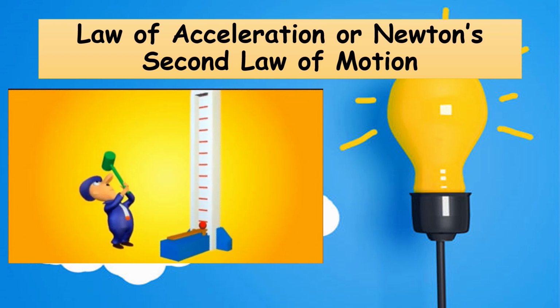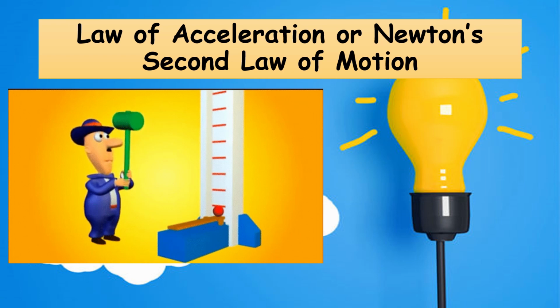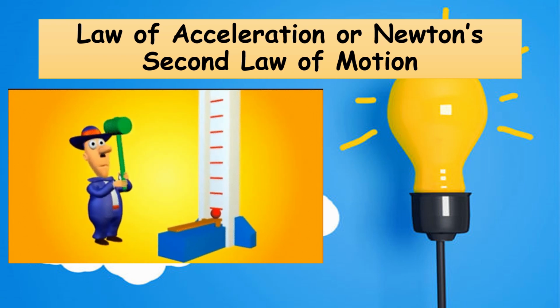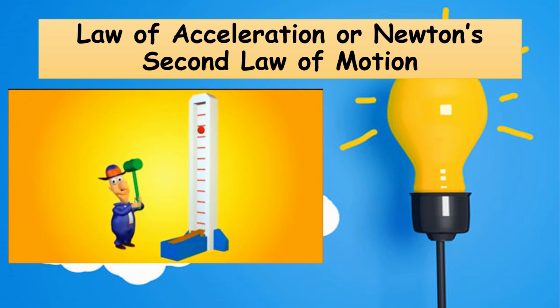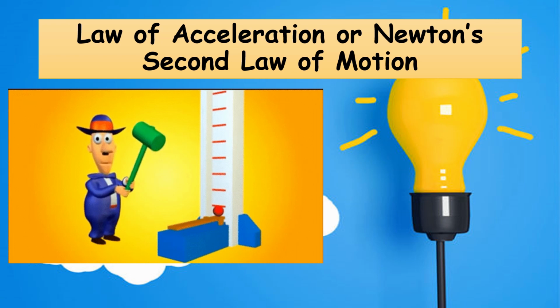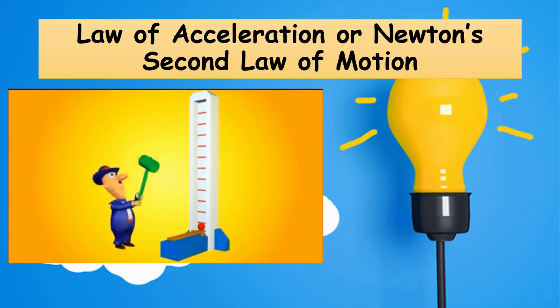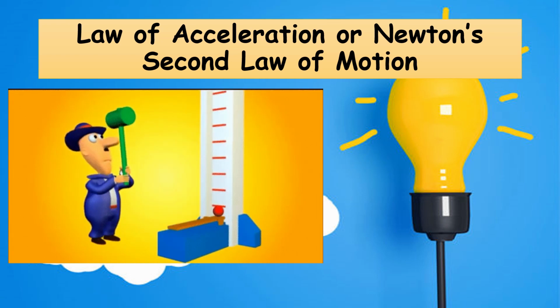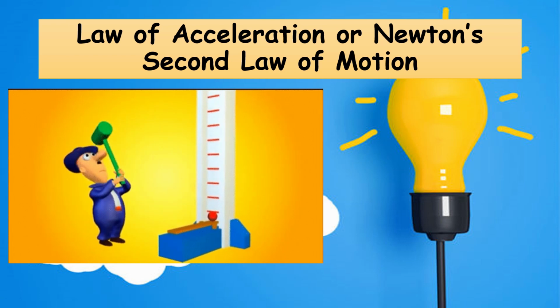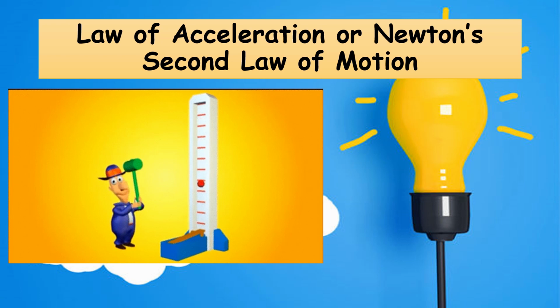Yung lalaki, nag-apply siya ng force sa bola ng mahina. Nung sumunod, nag-apply siya ng malakas na force dun sa ball. Ano yung nangyari? Nung una siyang nag-apply ng mahinang force doon sa bola, maliit lang or mababa lang yung itinaas ng bola.